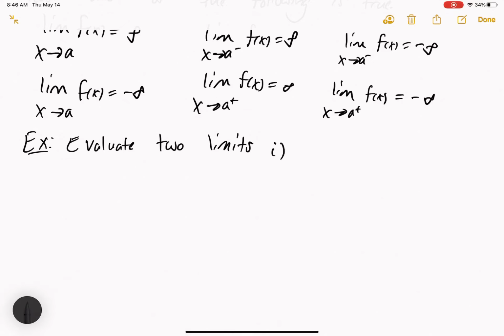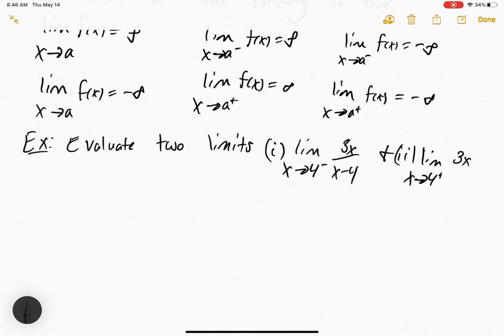The first one will be the limit as x goes to 4 from the left of 3x over x minus 4. And the second one will be the limit as x goes to 4 from the right of 3x over x minus 4. As you can see, if we plug in 4, we divide by 0, so we'd expect it's a vertical asymptote.